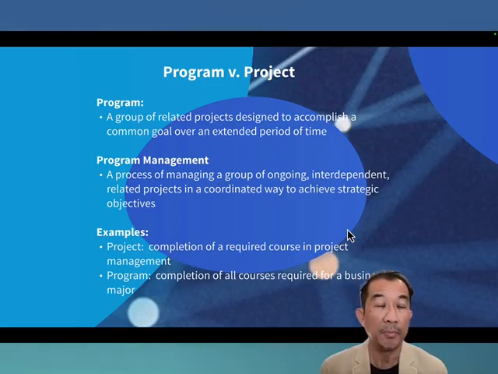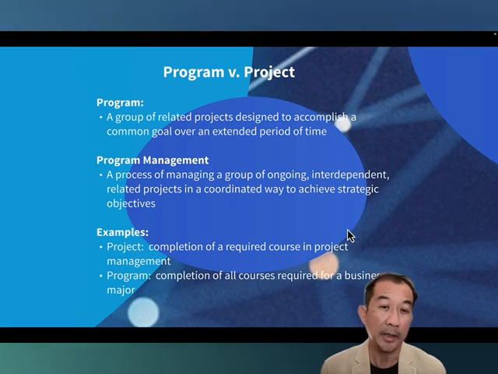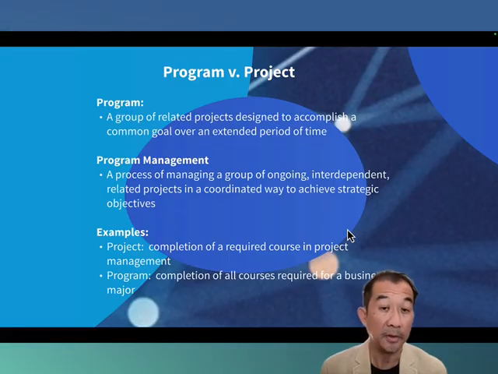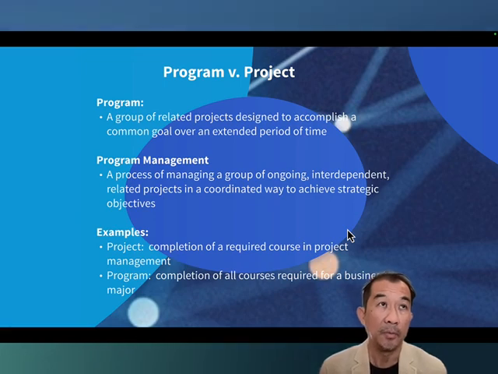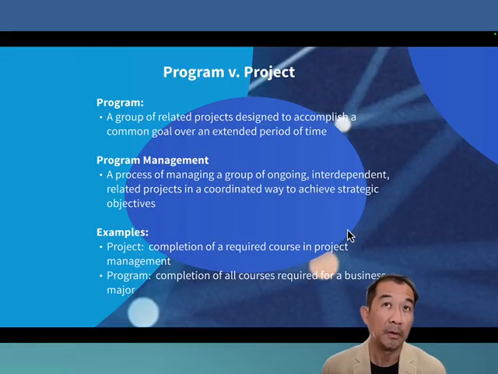When we think about managing programs, we consider how to manage a group of projects that are related and interdependent, so that we can coordinate those different projects to achieve various strategic objectives. For us, the best example is completing a course. For example, what we are doing in project management. This course in itself will help us achieve what we are pursuing as students, to get a degree for a business major or a major that's related to your field and your career.